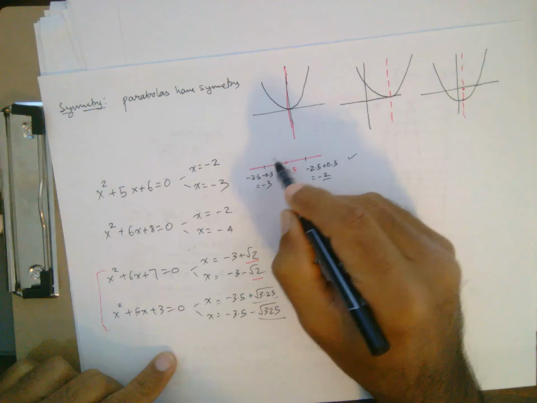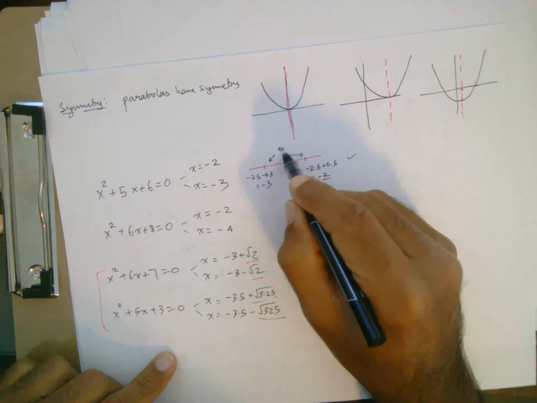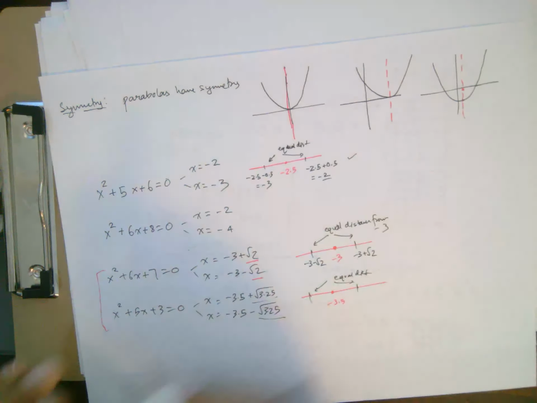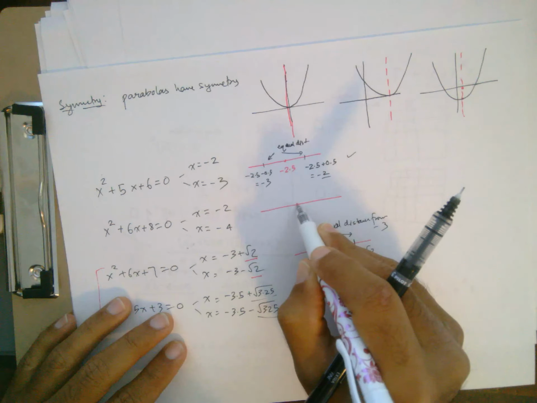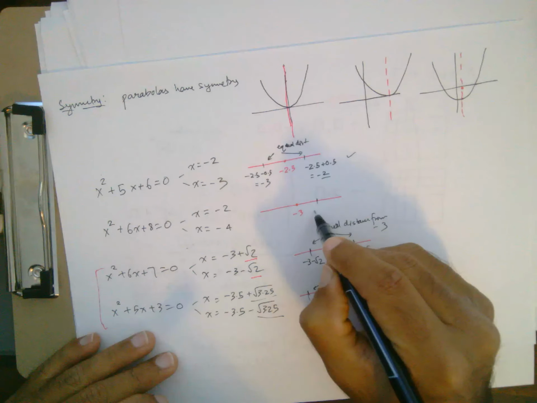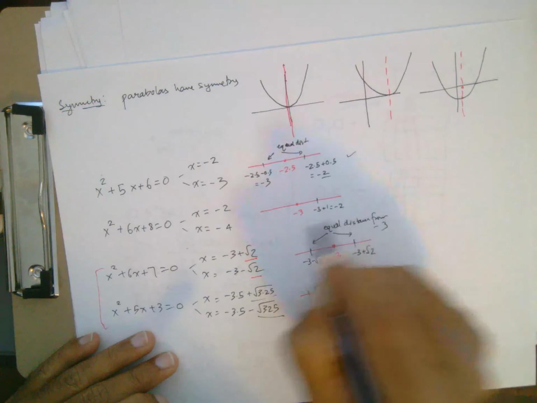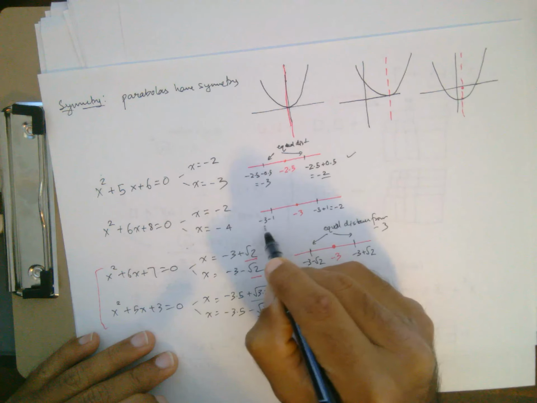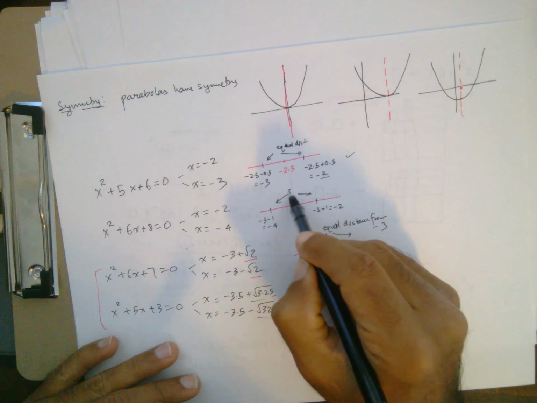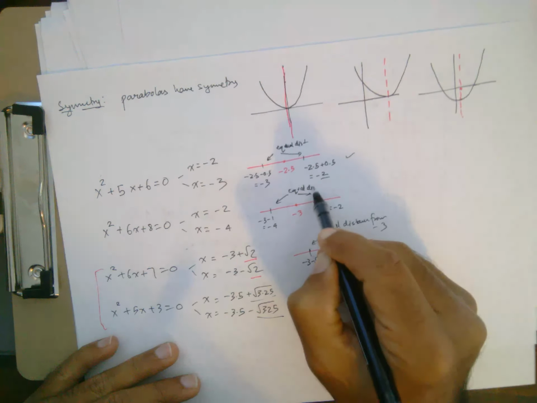So it still follows the equal distance rule. And over here, if I take my midpoint to be negative 3, I have negative 3 plus 1, negative 2, and negative 3 minus 1, negative 4. So that's pretty awesome. Again, they are equal distance.